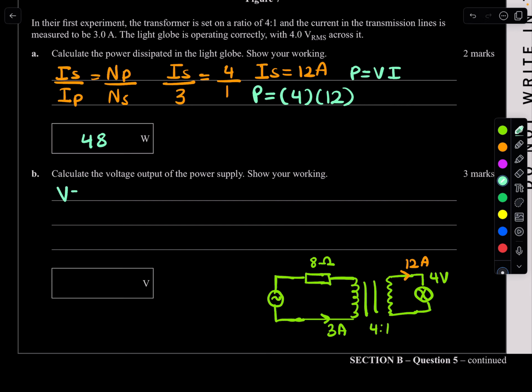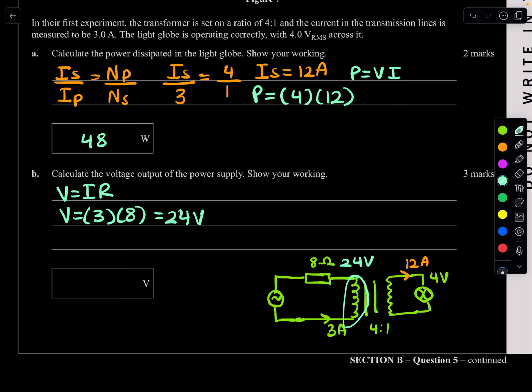By Ohm's law, voltage is current times resistance, which is 3 times the resistance, 8. So it will be 24 volts. This resistor, or your transmission line, takes 24 volts.